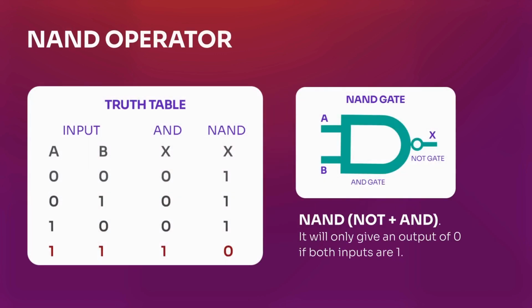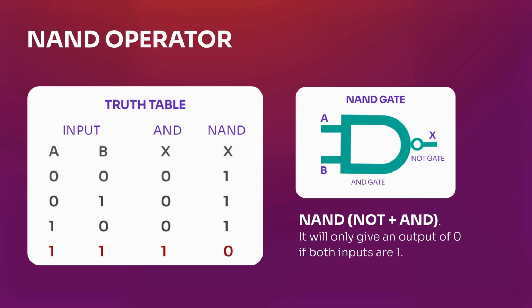NAND gates. The NAND gate operates as an AND gate followed by a NOT gate. It acts in the manner of a logical AND operation followed by a negation. The output is 0 if both inputs are 1.